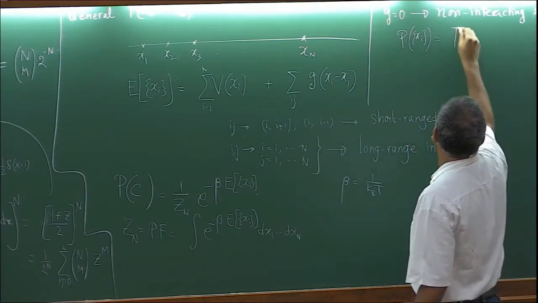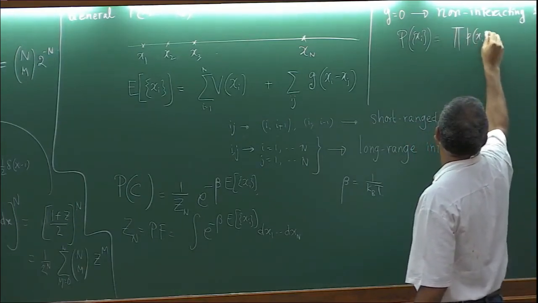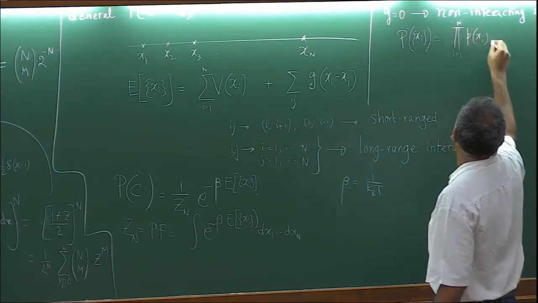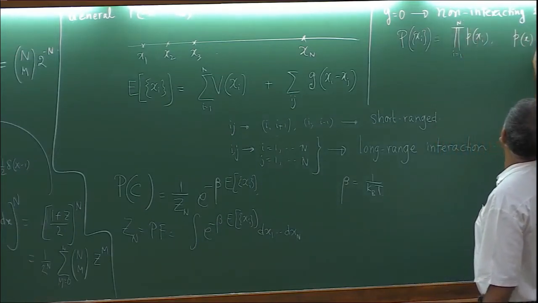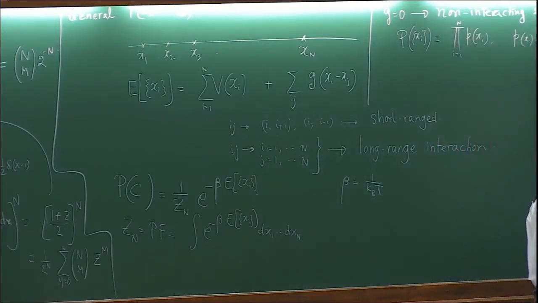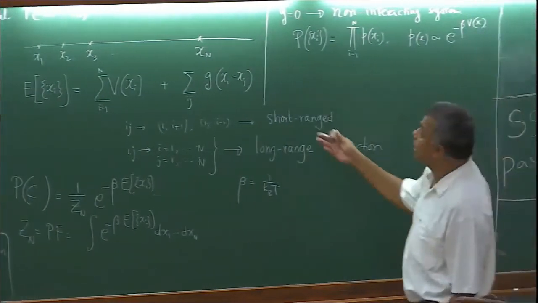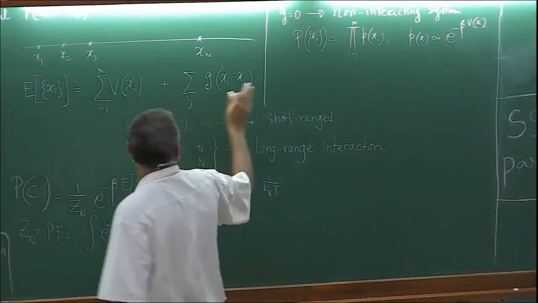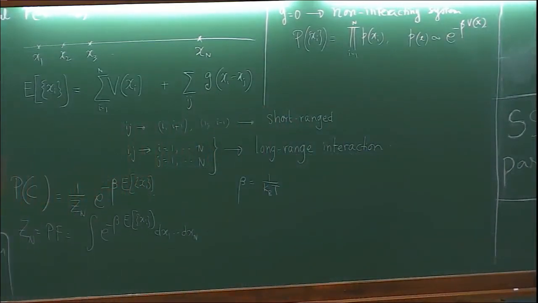So I can write it as a product over i of p of xi, where p of x is just proportional to e to the power minus beta V of x. But the moment you have non-zero interaction, this factorization no longer works. So this is an interacting system, and the linear statistics of an interacting system is what I'm interested in, in general.